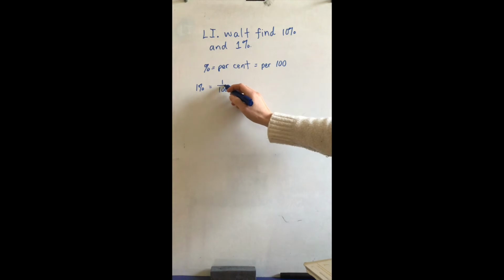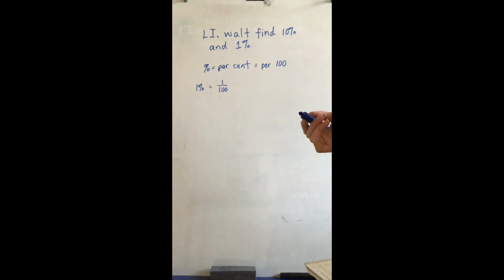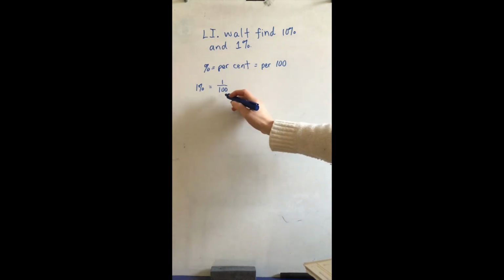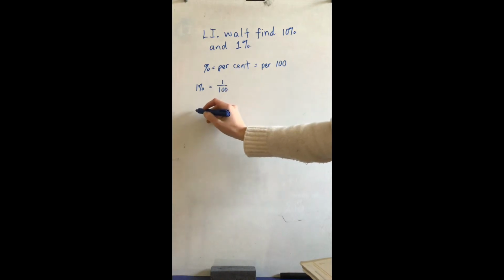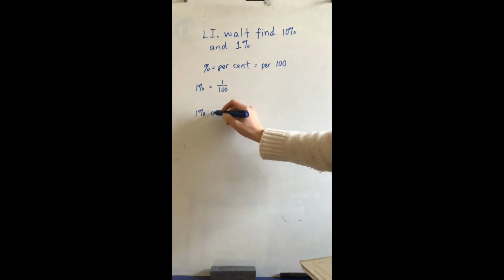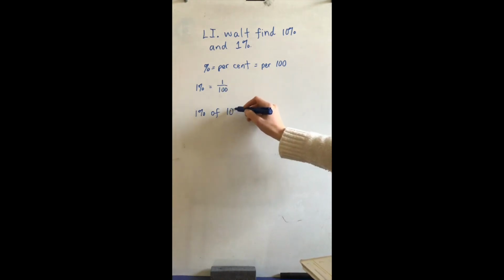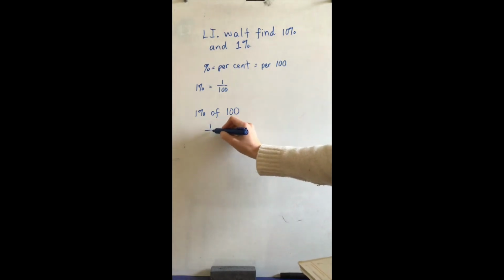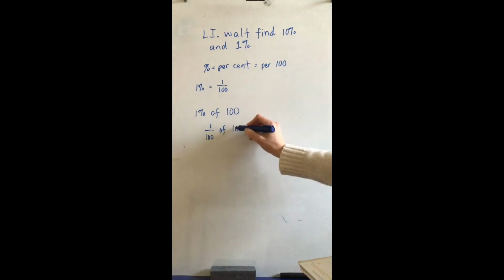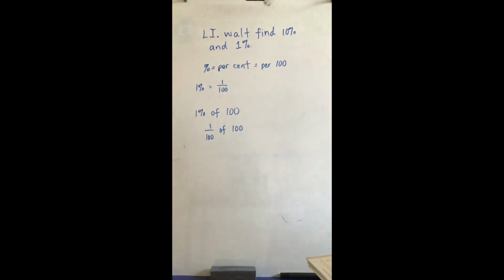So if we're talking about 1% today, how I would find 1% of 100 is 1 over 100, of course it is, but what we're really doing is dividing. Let's find 1% of 100. I want to find 1/100th of 100, and all we're going to do is divide the number that we have.